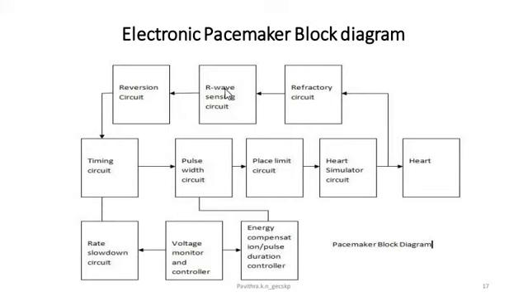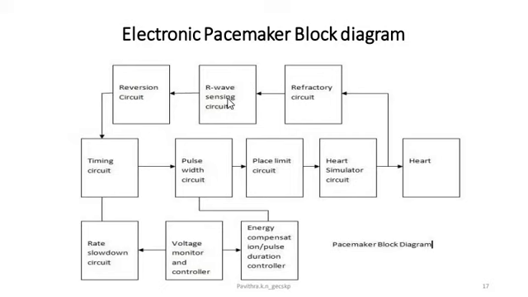So what is this R wave sensing circuit? When the R wave is sensed, it gives a particular period, and during this time the amplifier will not respond to outside signals. The sensed R wave is processed within this R wave sensing circuit, and its main function is to detect or spontaneously respond to the R wave.